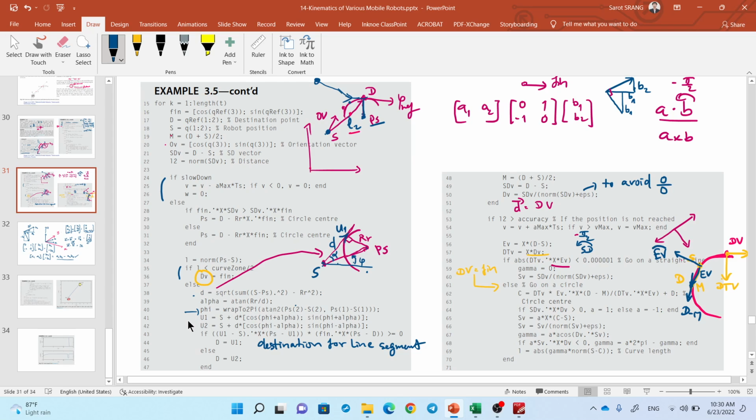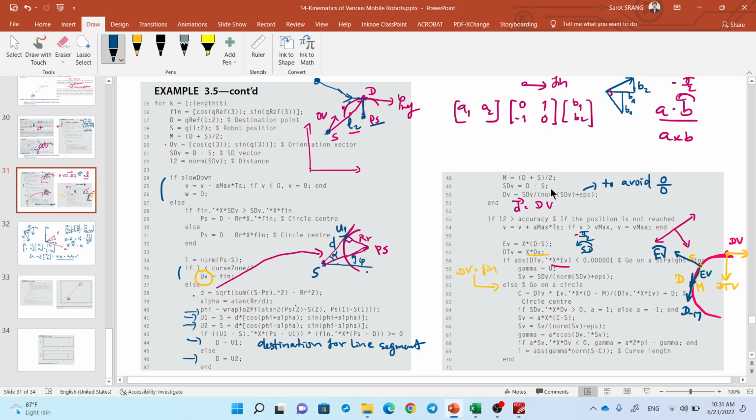That's why we must define the cases of u1 and u2. And this condition is to check whether the rotation is supposed to be clockwise or counterclockwise. For this case, the rotation is clockwise. For this one clockwise, this one counterclockwise. The position S is up there. Okay, something like that.